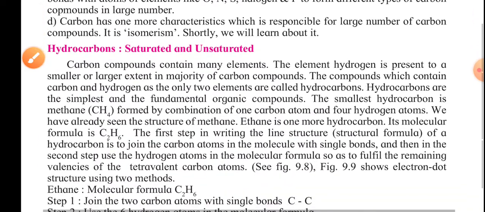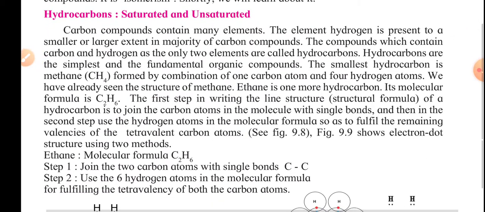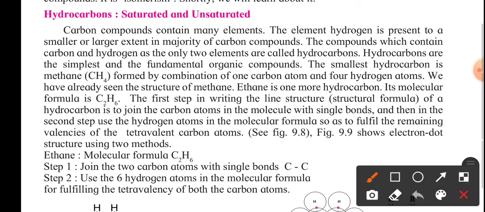Further is hydrocarbons, and the basic part of this we have already covered in a previous standard. Hydrocarbons can be classified as saturated and unsaturated hydrocarbons. In saturated hydrocarbons, the carbon atoms are linked to each other with a single bond.